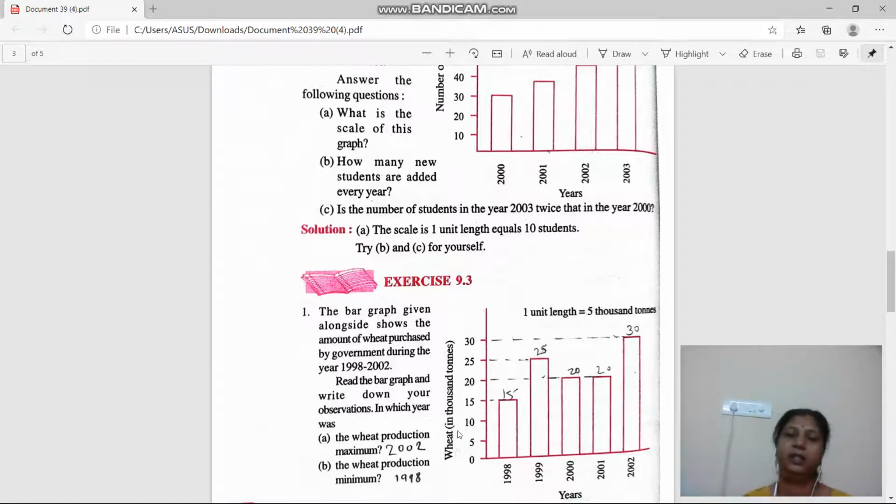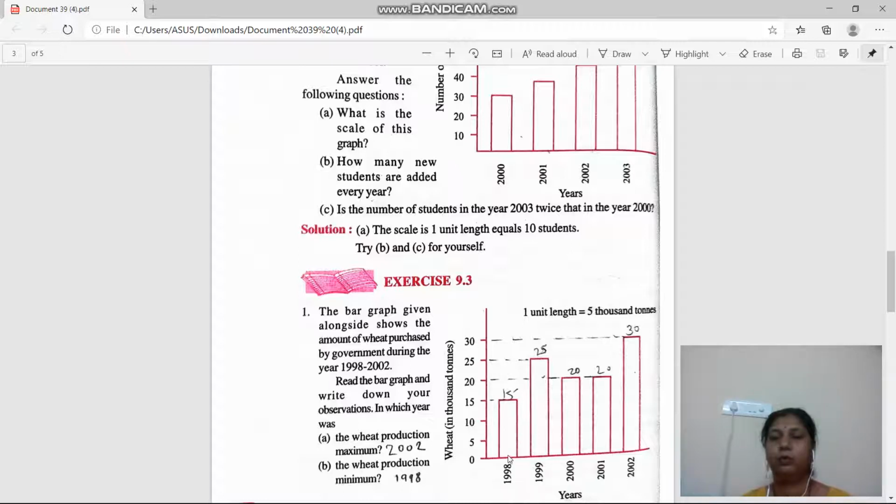It is wheat in 1000 tons. Okay. And this is the horizontal line. It is x axis. And here years are given. It is 1998, 1999, 2000, 2001 and 2002. Now here see, it is 5000 tons, 10,000 tons, 15,000 tons, 20,000 tons, 25,000 tons and 30,000 tons.